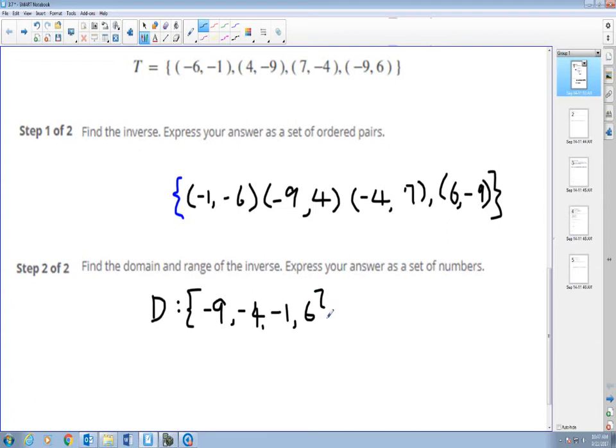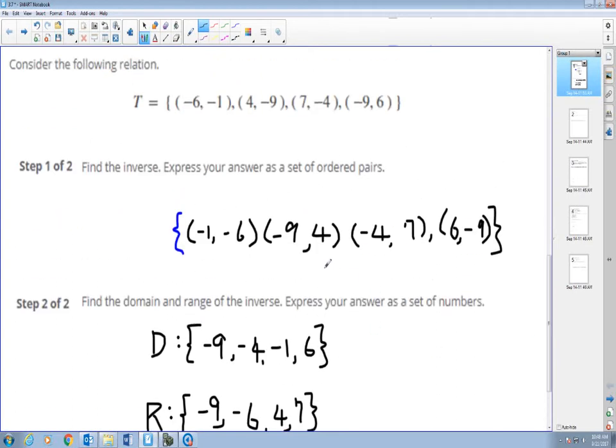My range, using set notation, since I don't have any other points but these 4, so I'm not using interval notation. My y values here are -9, -6, 4, and 7. So the idea here is to interchange between the x and y coordinates to get our inverse relation.